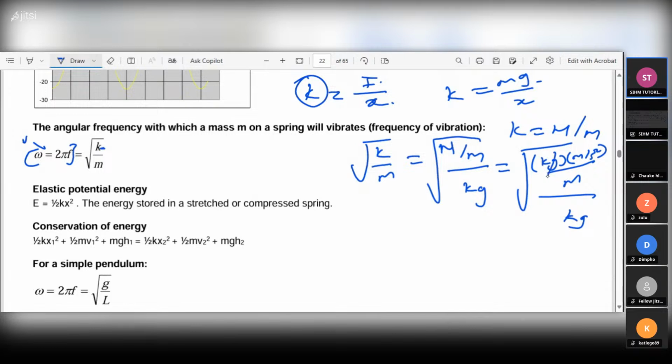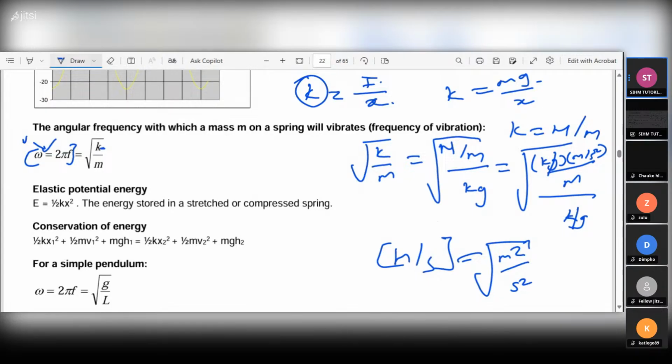So this and this will go away, and then also remember m and m, since it's in this way, you're going to be left with m squared divided by s squared. So this will be the same as meters per second. That's why we have this angular there.